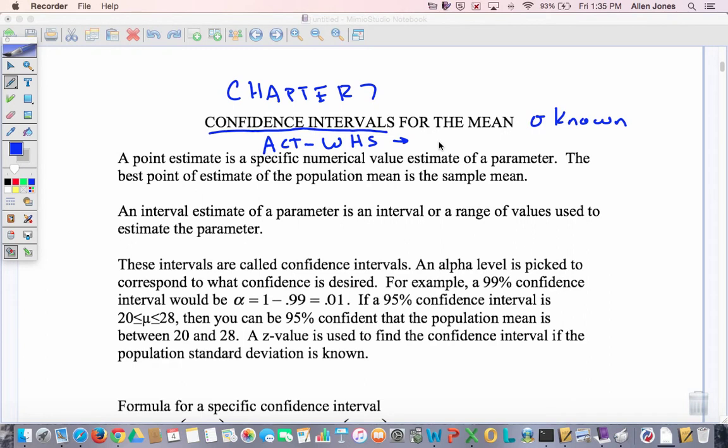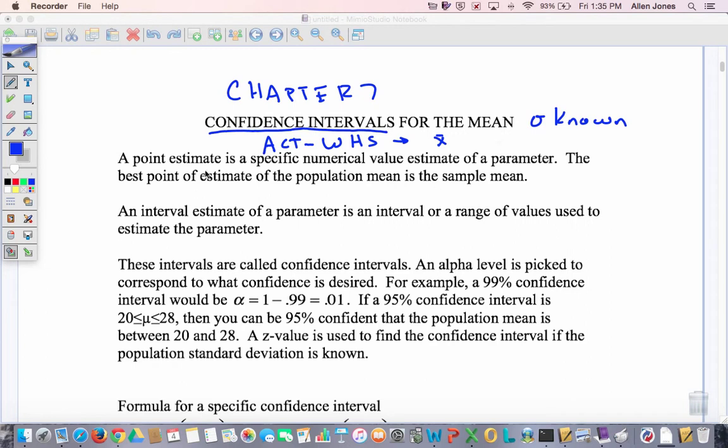Maybe I take everybody in the statistics class who's taken the ACT, have their ACT score, find their mean. That would be the sample mean. I would then use that along with our statistical analysis, our normal distribution curve, and those types of things to estimate where our population mean for the entire Waukee High School might fall.